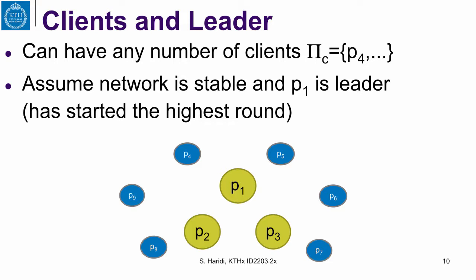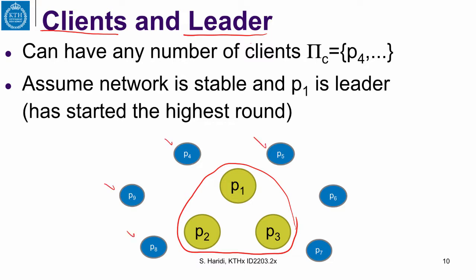So now let us see what happens when we have clients and a leader-based replicated state machine. We have our set of replicated state machines here implemented by P1 to P3, 3 processes, and the other processes in blue are the clients right now.